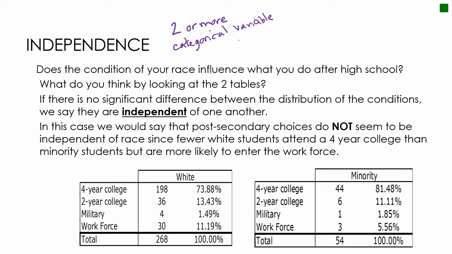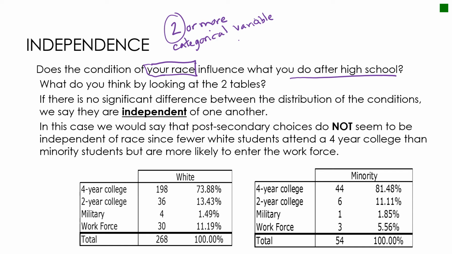Usually we're just doing 2. So in this case we're looking at, does race influence post-secondary plans? These are our 2, race and post-secondary plans.